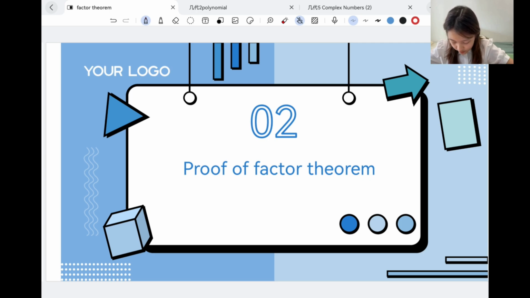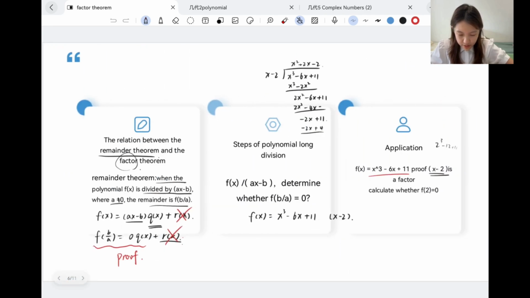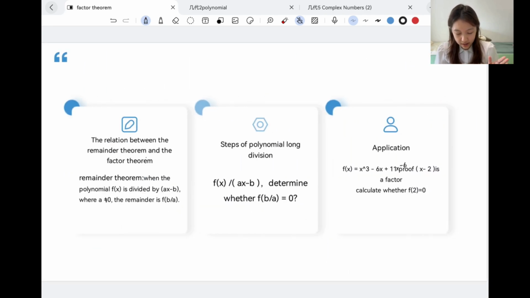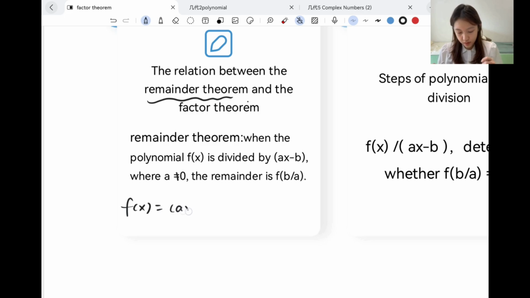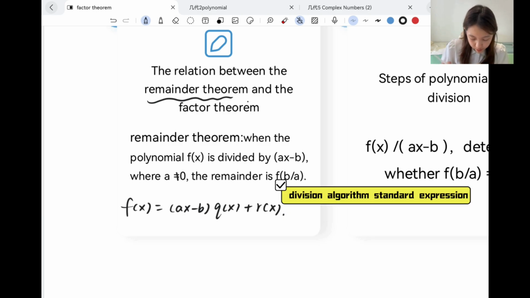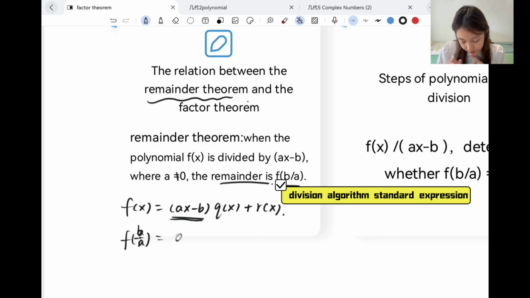Okay, now you might wonder why this factor theorem is true. Let's see the proof. In the last class, we learned the remainder theorem, and that's the feedback. If f(x) equals (ax minus b) q(x) plus the remainder r(x), the remainder will be f(b over a), because when x is b over a, this factor will be 0 and just the remainder r(x) is left.